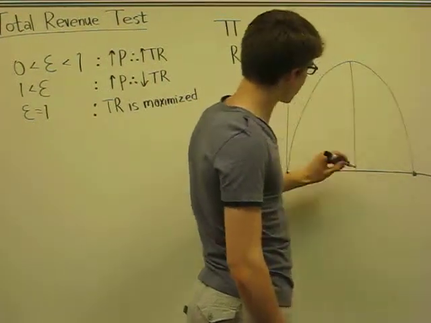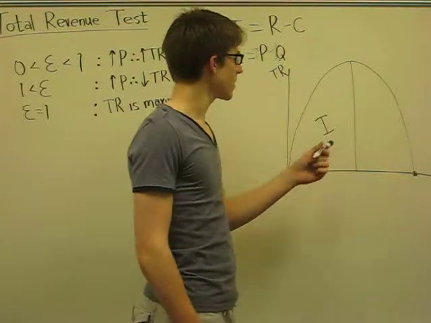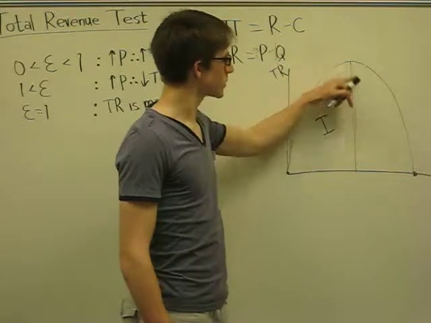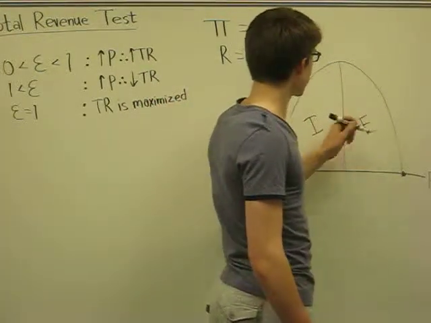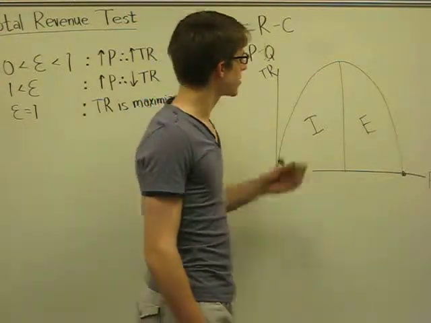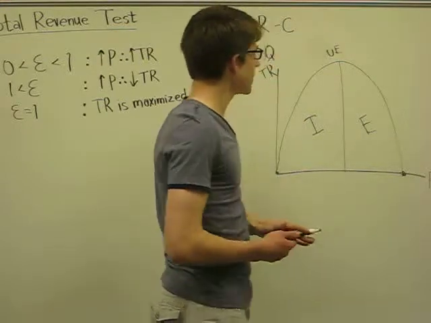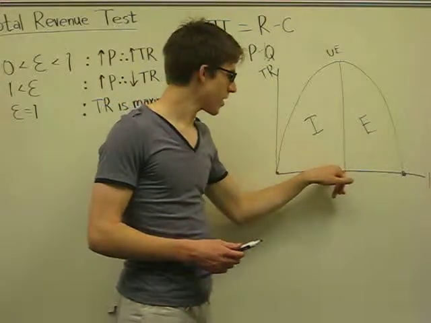That's the left half of this curve. I for inelastic. On the right side, we're still increasing price, but our total revenue is going back down. That's an E for elastic. And then in between, this very top here, a single point, is where we are unit elastic. And so if firms are trying to maximize revenues, they find the point where they are unit elastic.